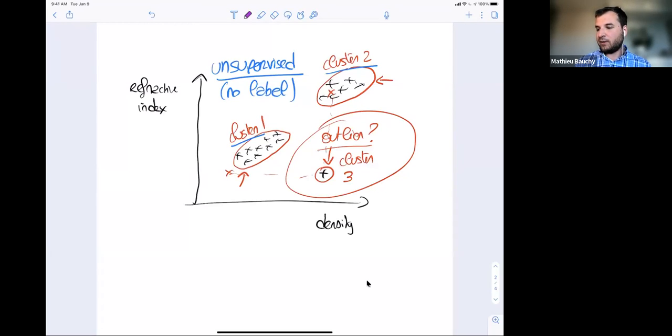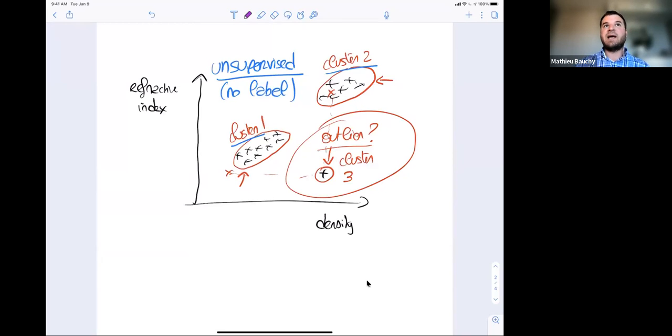So in that case, you have nothing that you can predict. You can still use unsupervised learning because that's pretty much the only thing you can do.